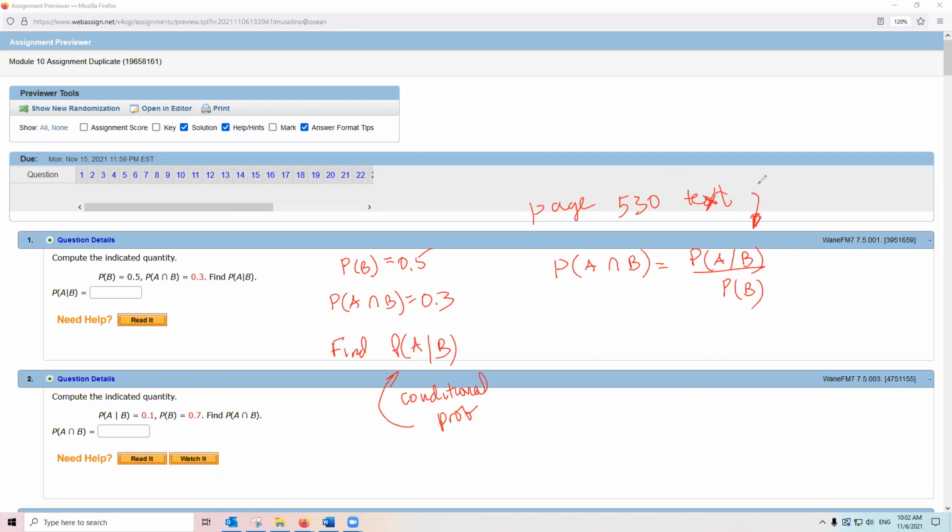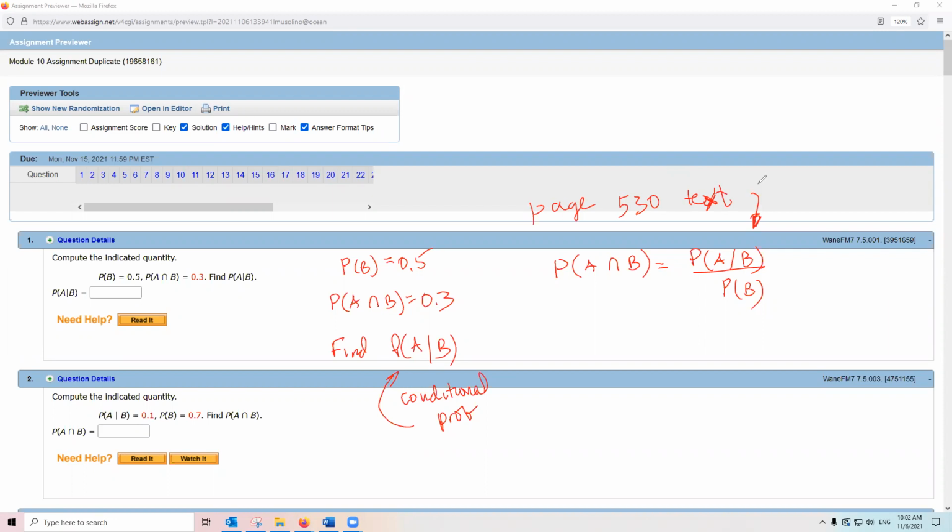And folks, please look at the textbook. There's a lot of worked out examples in the textbook. And you might know this, but WebAssign gets its homework problems from the textbook. So if you can look at the example, the worked out example in the textbook, that's going to be a very good background for these WebAssign homework problems.